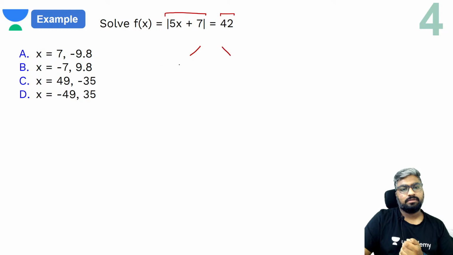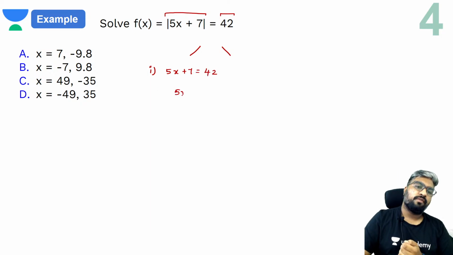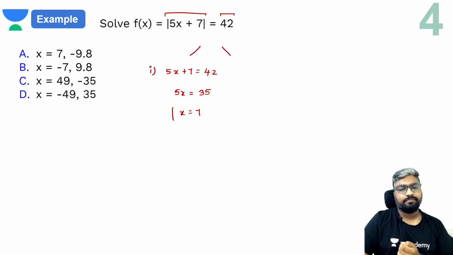Case 1, 5x plus 7 will be a positive value giving 42. So 5x is going to be 42 minus 7, which is 35, or x being equal to 7. One of the cases is x being equal to 7.